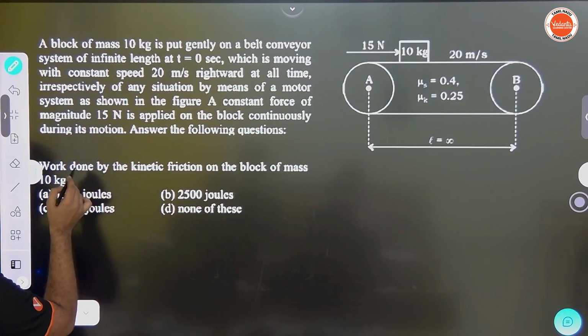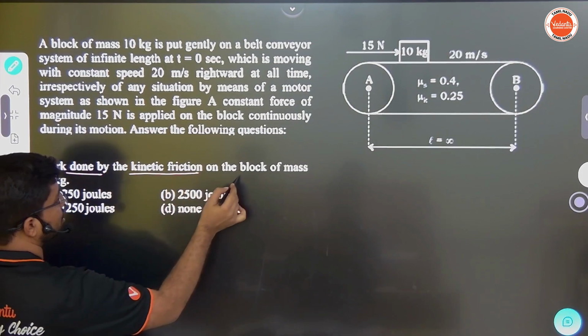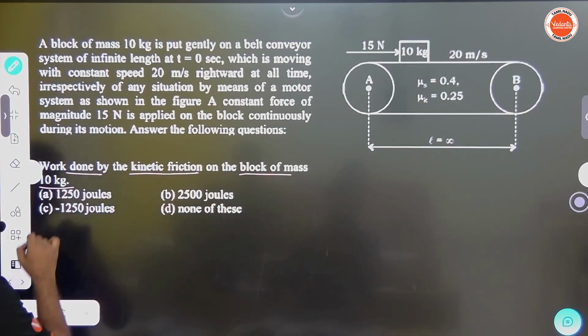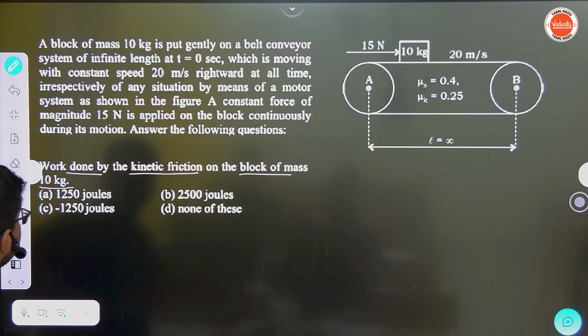So same scenario, and they are asking the work done by kinetic friction on the block of mass 10 kg is. Where is the kinetic friction here? We don't have any kinetic friction over here, right?